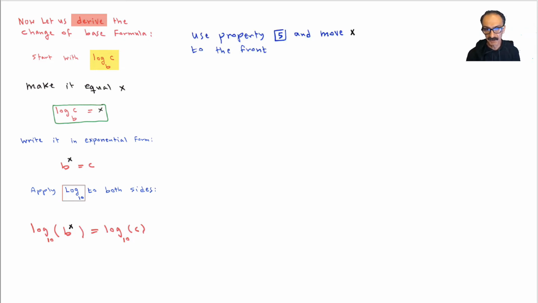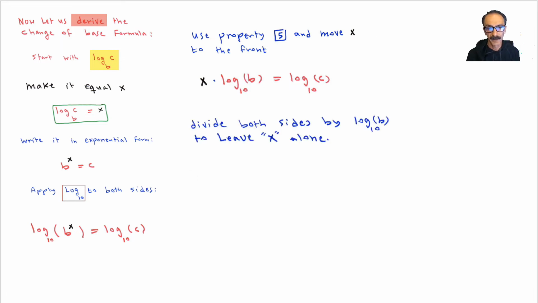Now I'm going to use property number 5 and move this x all the way to the front. It moved, as you can see. I moved the x all the way to the front. Leave x alone, that means divide both sides by log base b. I end up with x equals log c over log b.